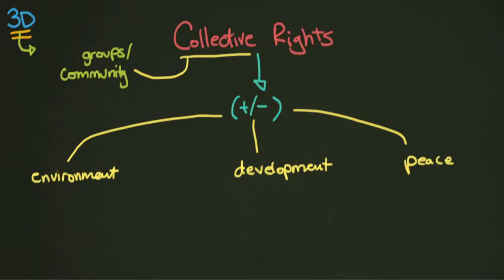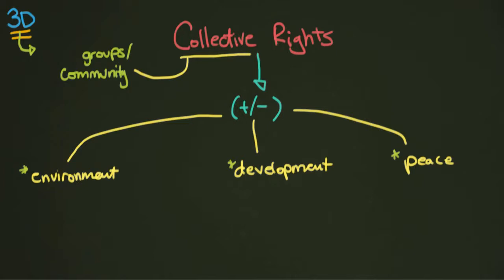Essentially, we all have a right to a good environment, or a healthy environment. We all have the right to development, moving forward in the way that we see fit. And we all have a right to peace, or a peaceful life. And there are rights in between these that we'll talk about in a second. But that just gives you an idea of some of the basic ideas.